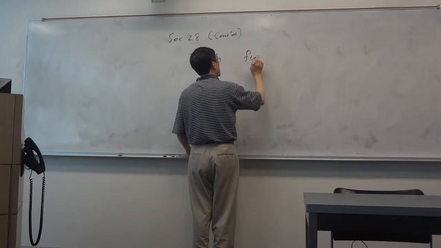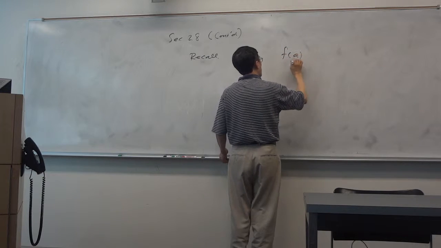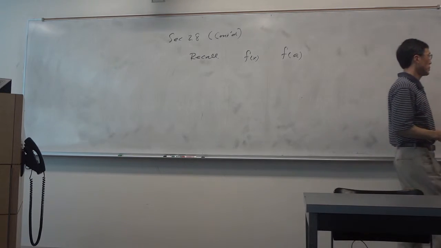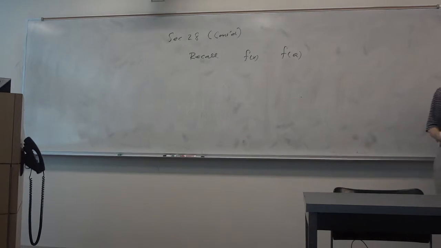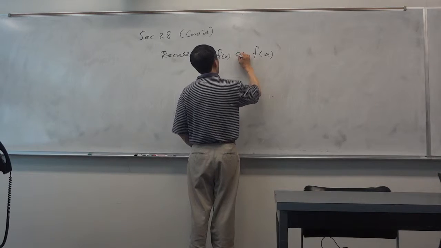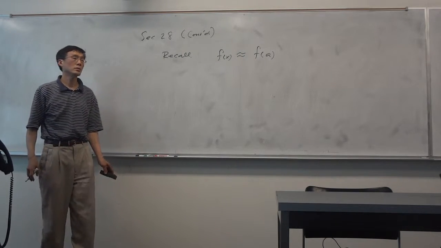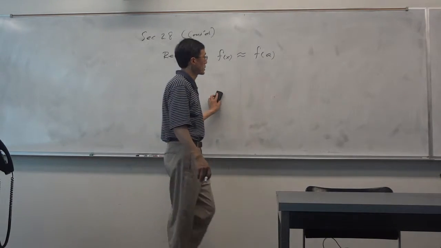So f(x), you want to approximate f(x) using a nearby point a. Well, you may want to say f(x) is almost the same as f(a), right? Which is not bad. Sometimes it's an okay approximation.